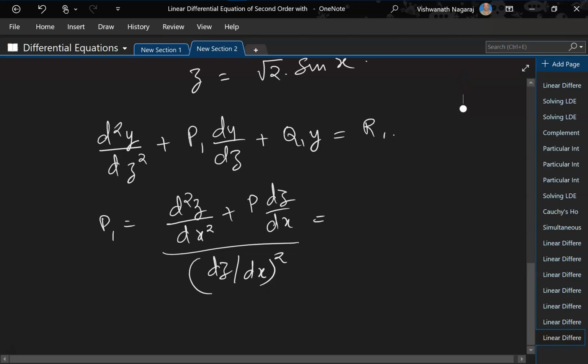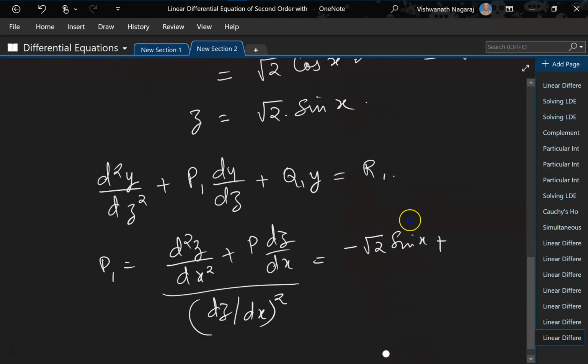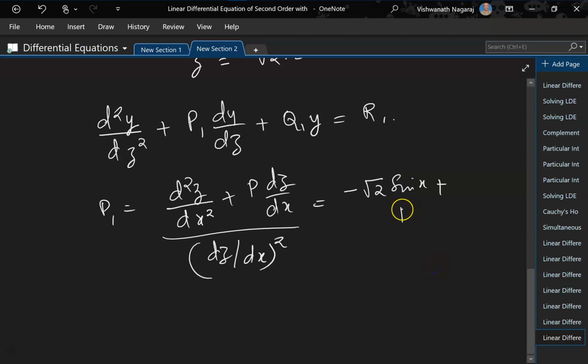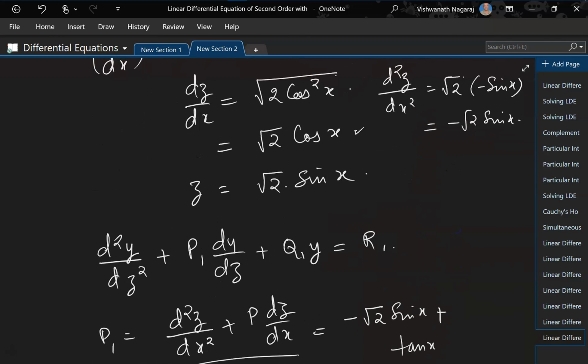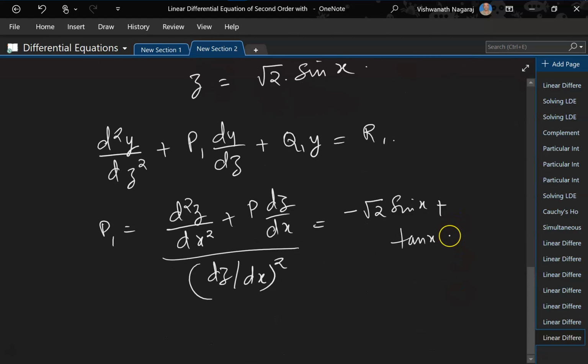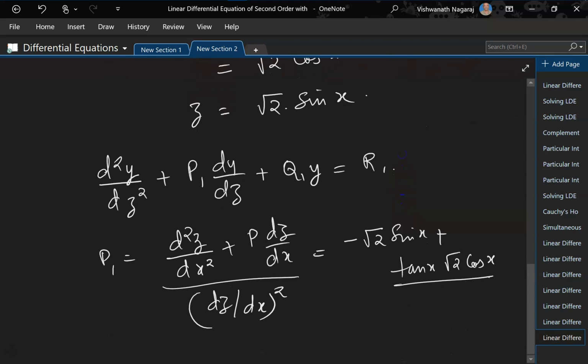So here we end up with minus root 2 sin x plus p, remember p is tan x, so plus tan x times dz/dx. dz/dx is root 2 cos x. So root 2 cos x, divided by (dz/dx)², that is 2 cos²x.